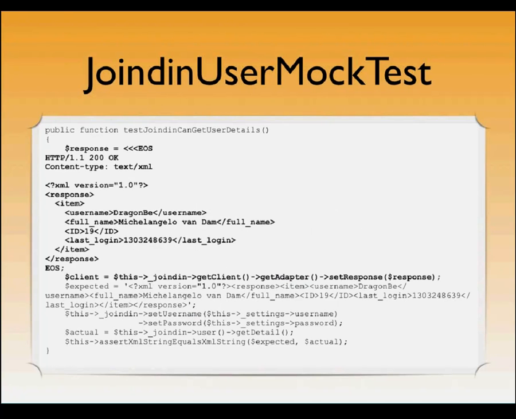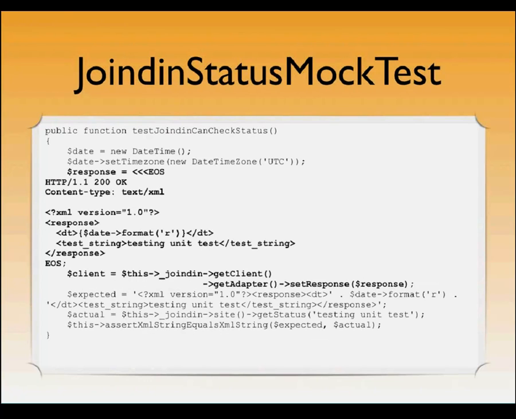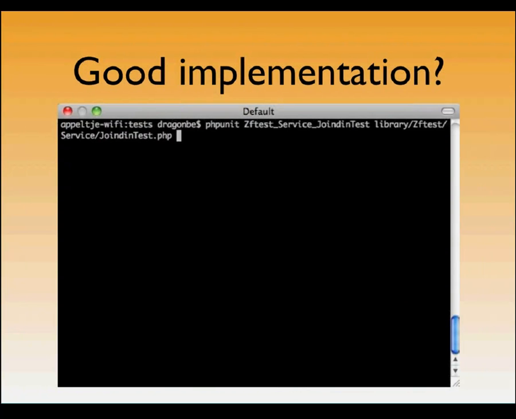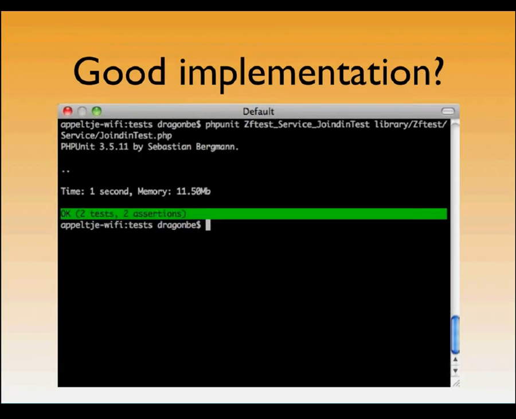So this is the response that you expect from the web service, and you set it to your client, and then you can run your tests. Very simple and very smoothly. As you can see, it takes less than a second. So if you have a lot of web services you need to test, you don't need to test the web service itself, as long as you just test the functionality.